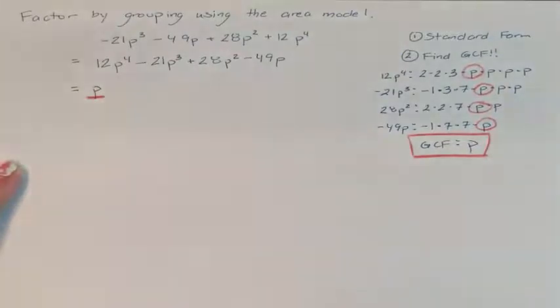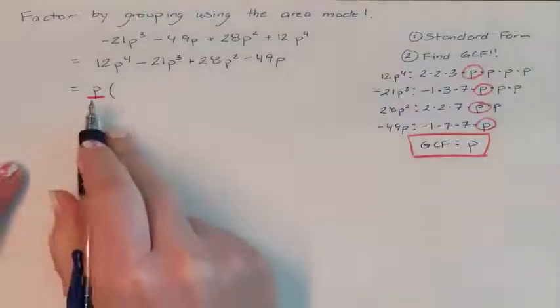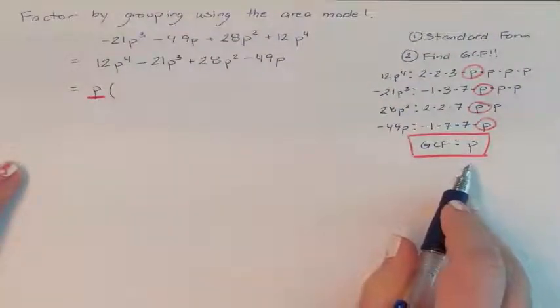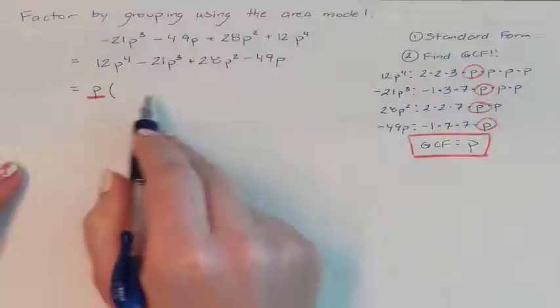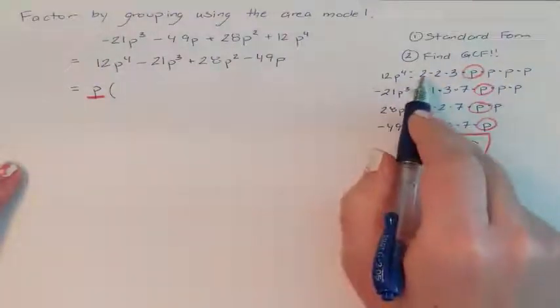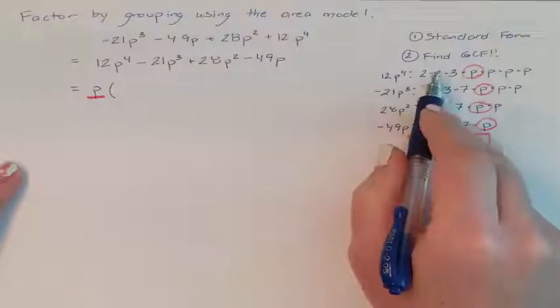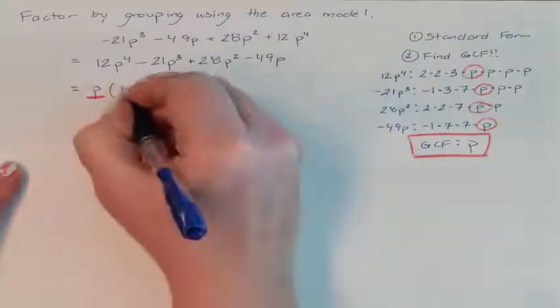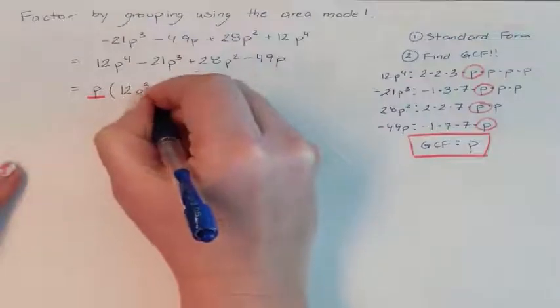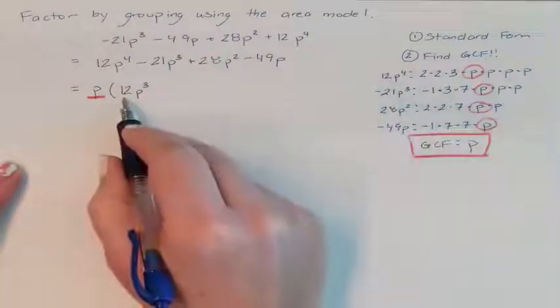My GCF is p. Now I need to go back through and figure out what was left behind in my lists when I took the p GCF out. So if there are 4 lists, there better be 4 chunks of information left behind. So 2 times 2 is 4. 4 times 3 is 12. So I have 12p to the 3rd. So 12p to the 3rd is my first term, my first list, my first chunk.